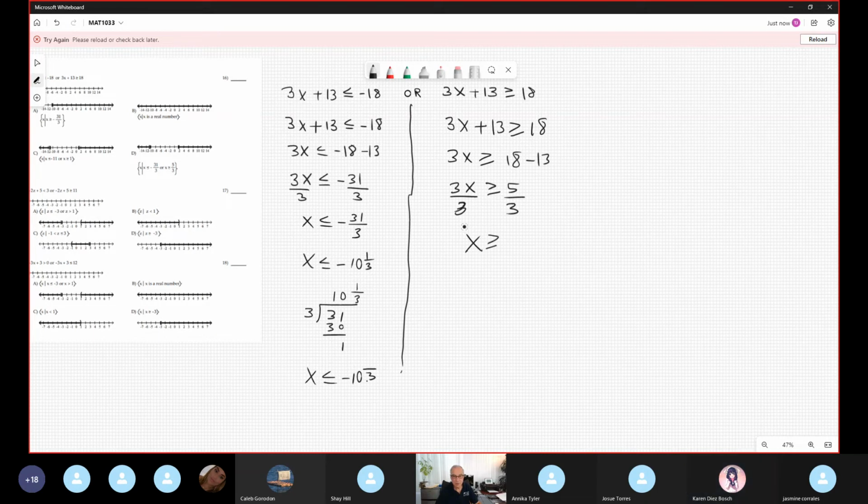And 5 divided by 3, sorry, is 1 and the remainder is 2. So 2/3. This is equivalent to saying that x is greater than 1 2/3 as a mixed number, but in decimal it is 1.6 repeated. At least I have an idea of the position of this.